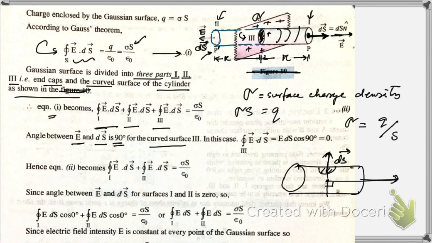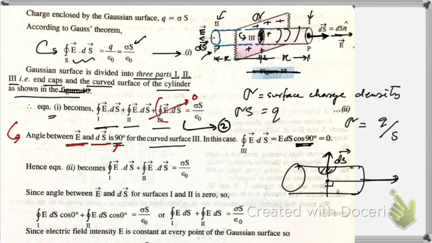So you can see cos 90 degree, so here theta will be 90, cos 90 is 0, so this becomes 0, right? Electric flux through the curved surface of the Gaussian surface is 0. That's what we have got. Then this is suppose equation number 2. So this term here becomes 0 due to, as I have already explained, the angle between the two vectors, area vector and E, that is 90, and cos 90 is 0.